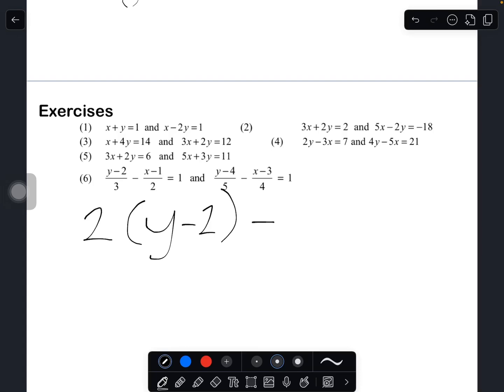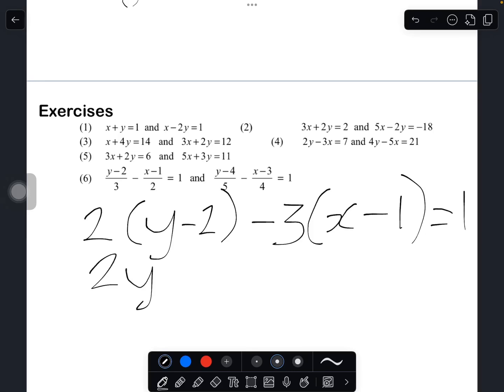Now, since we know we got that 2, I'll have 2 into y minus 2 minus, and now we're going to multiply that by 6, which will be 3 into x minus 1 equals 1. Now I'm left with 2y minus 4 minus 3x plus 3. A negative times a negative is a positive, equals 1.